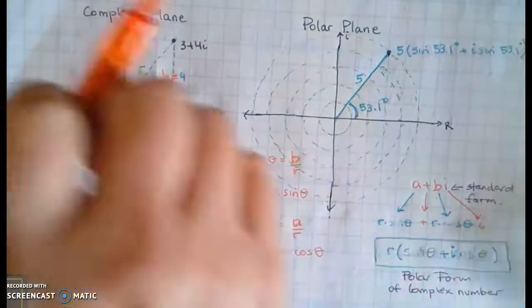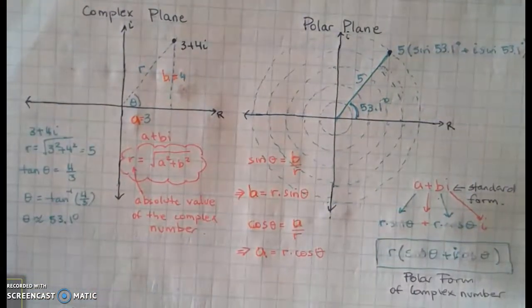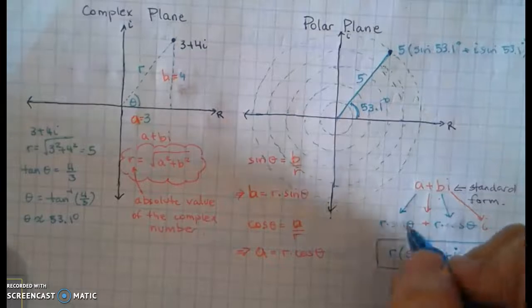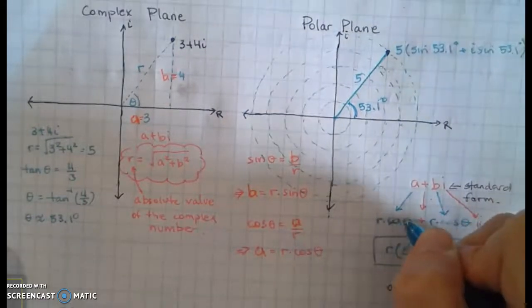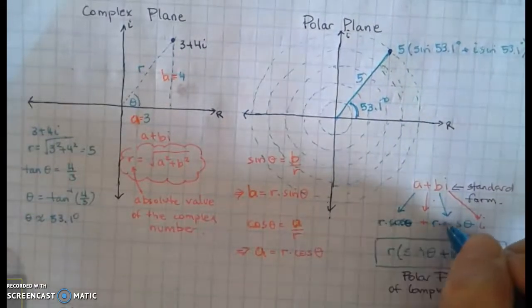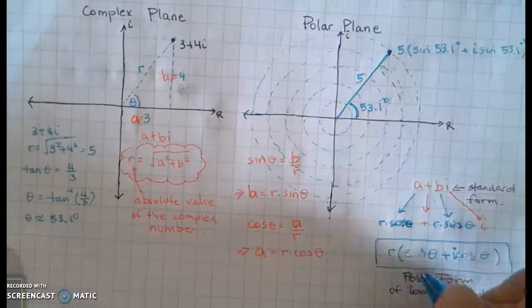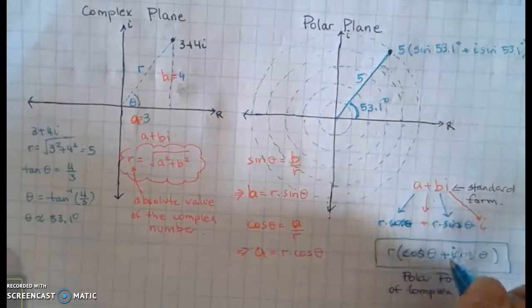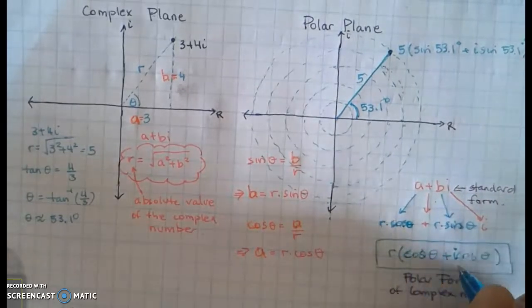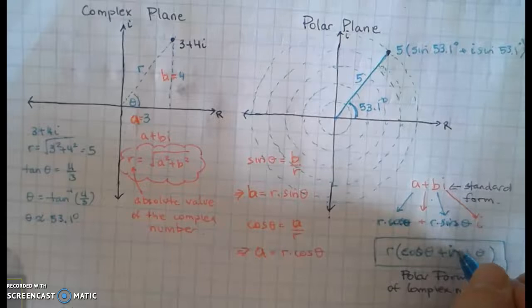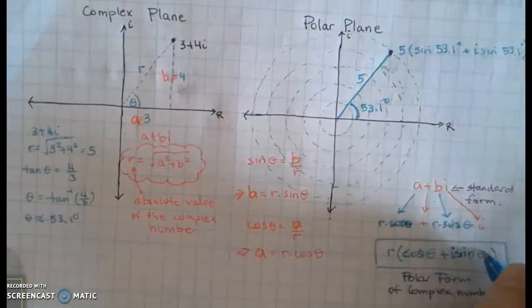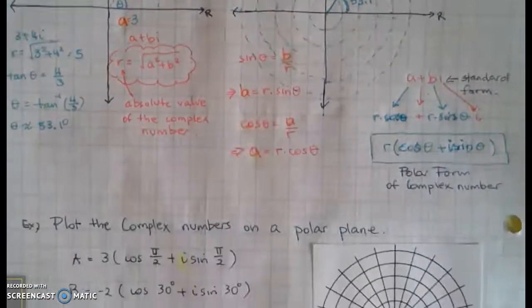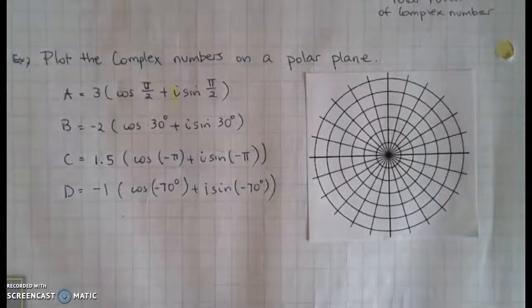I am so sorry. At least I found it. Cosine of theta here and R sine of theta. So this is going to be R multiplied by cosine of theta plus I times sine of theta. Now that is in the same form as this.